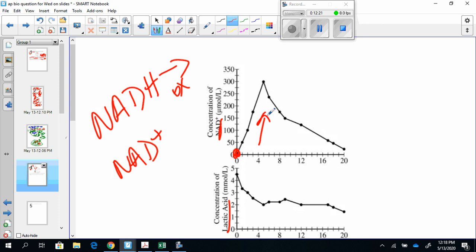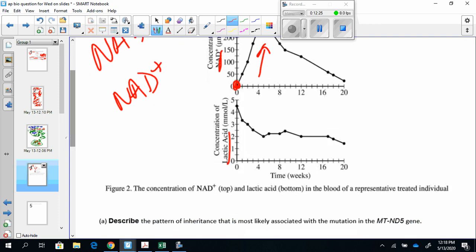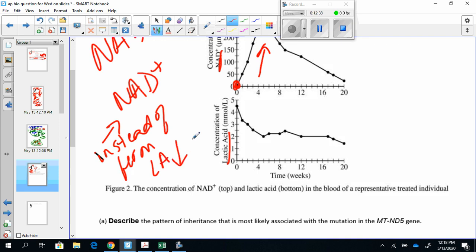But then if they only gave the vitamin one time, after that much time, it appears to have worn off. And then down here, how much lactic acid it's making. So if I do this instead of fermentation, I would expect lactic acid to go down, and look at that. At least in the beginning, when that vitamin is working, it is decreasing the amount of lactic acid made.